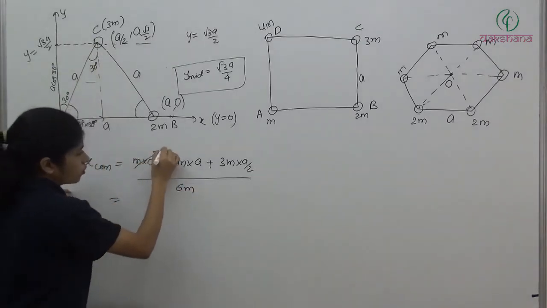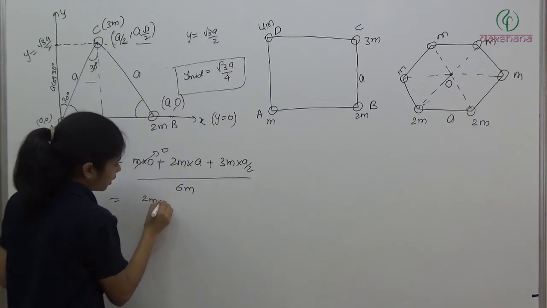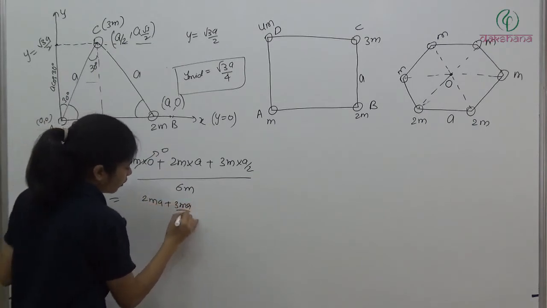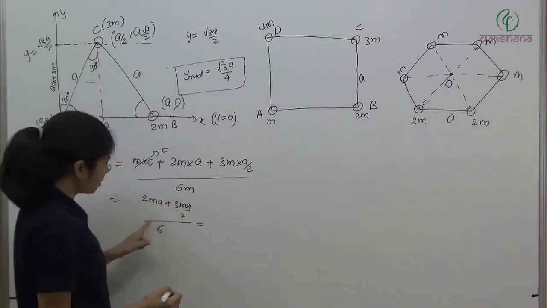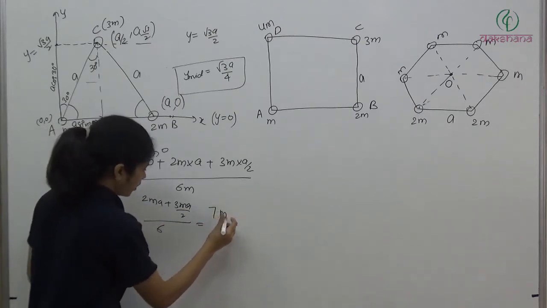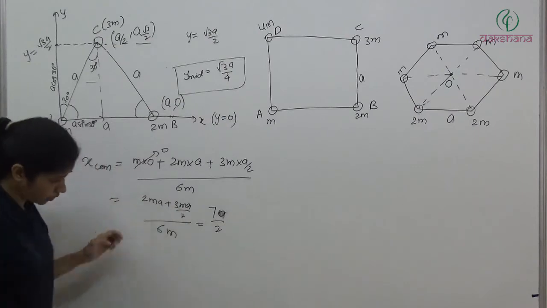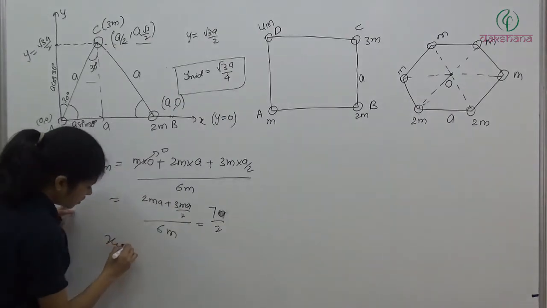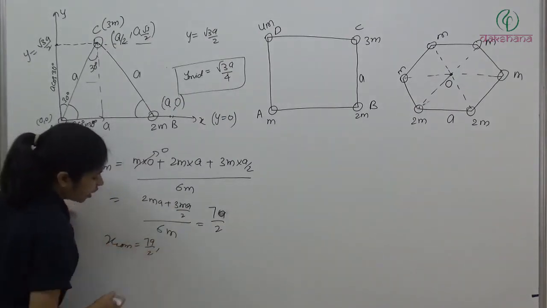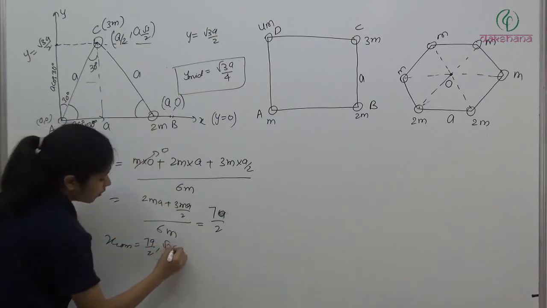So this is 0. Here we have 2ma plus 3ma by 2 divided by 6, and here it will be 7m. M will get cancelled. So 7a by 2. So the x coordinate of center of mass is 7a by 2 and the y coordinate of center of mass is root 3a by 4.